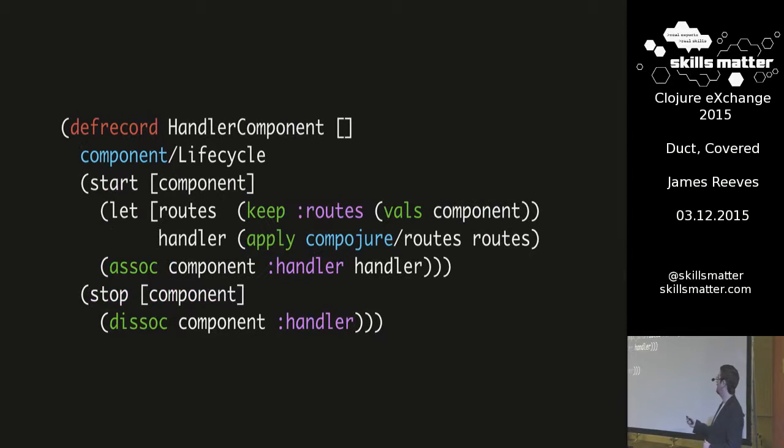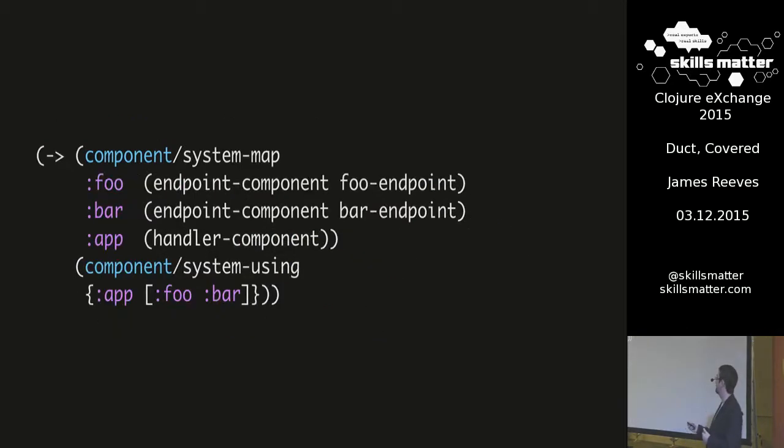So once we've got this handler component and we've got an endpoint component, we can put these together in a system. So here we have two endpoints and one handler component, which we called app. And Component works by declaring dependencies between components.